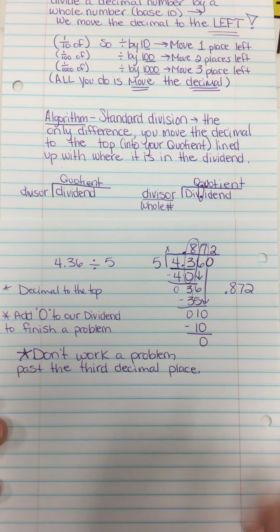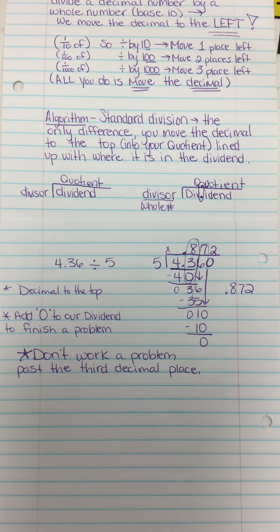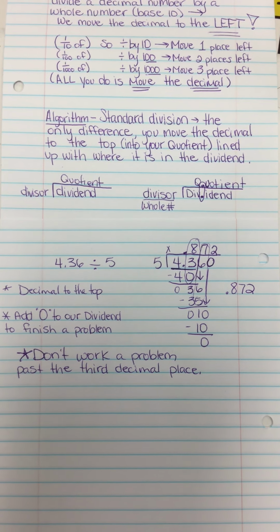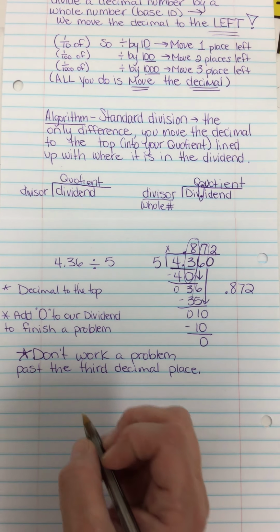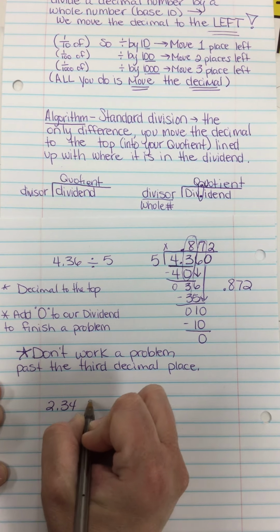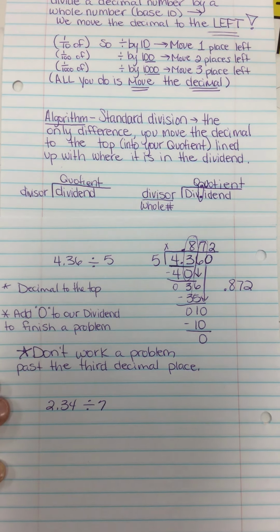Let's see if I can come up with a problem off the top of my head. Let's see, let me think. Let's do 2 3400ths divided by 7. Let's do that one.